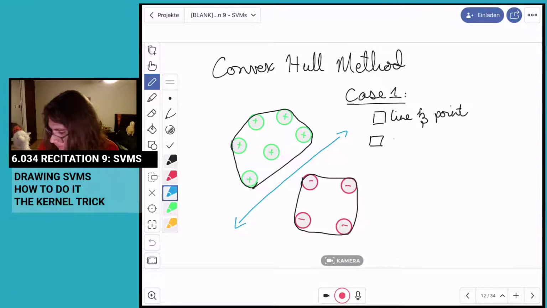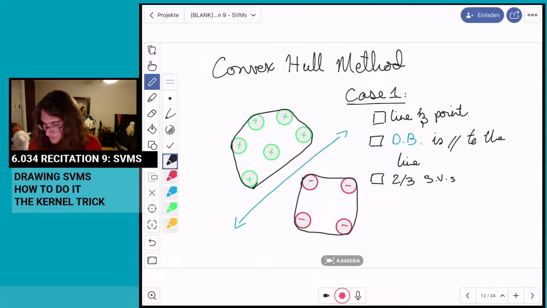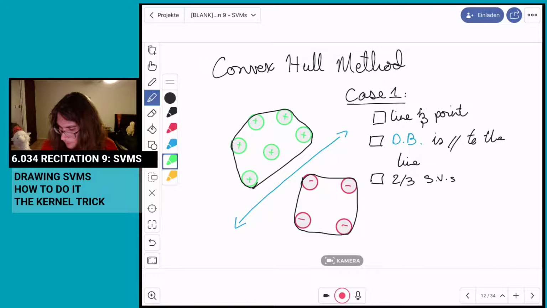Then our decision boundary is going to be parallel to the line. And we have 2 to 3 support vectors. In this case, we have 3. Let me just label them for the sake of practice, or highlight them.